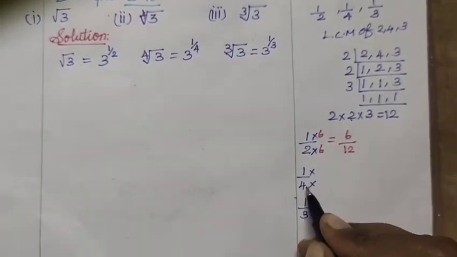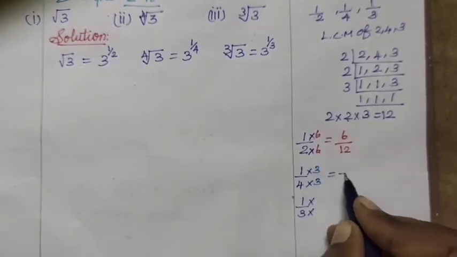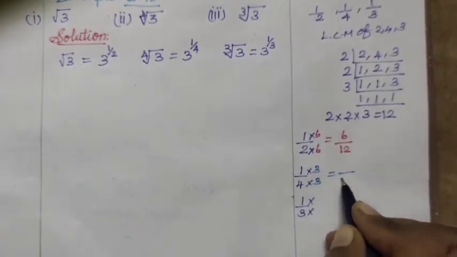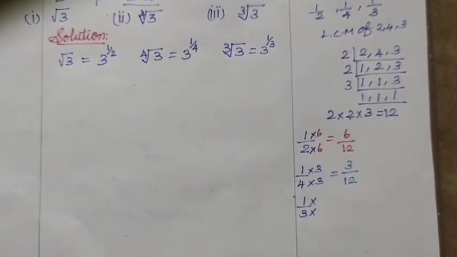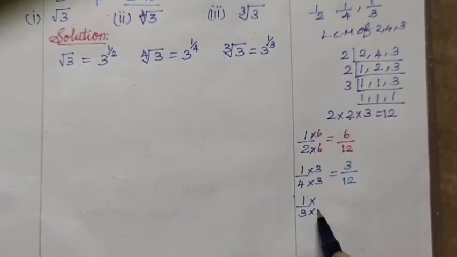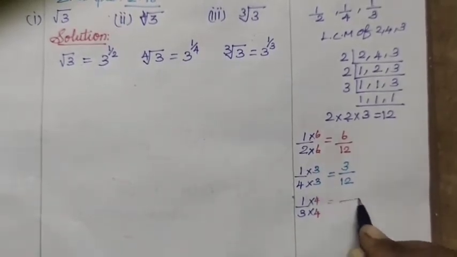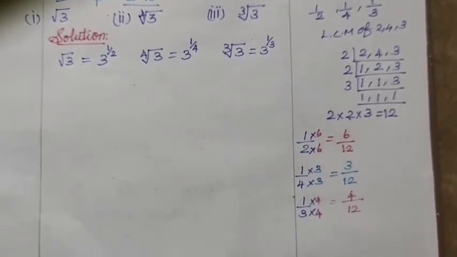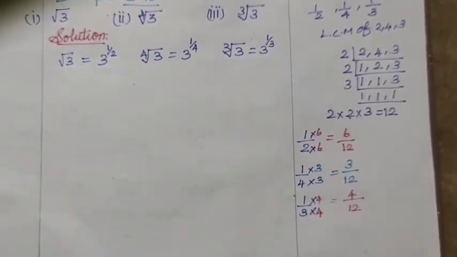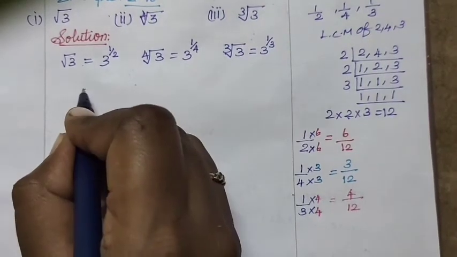If you multiply 4 by 3, you will get 4 3s are 12. 1 3 is 3. If you multiply this 3 by 4, you will get 12. 1 4 is 4. These are the values we are going to write on the top of these numbers.